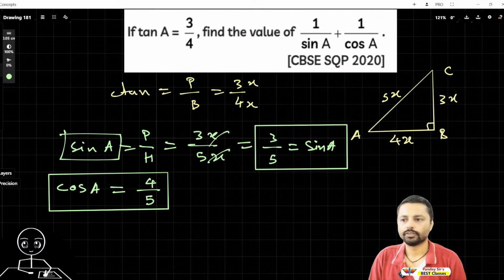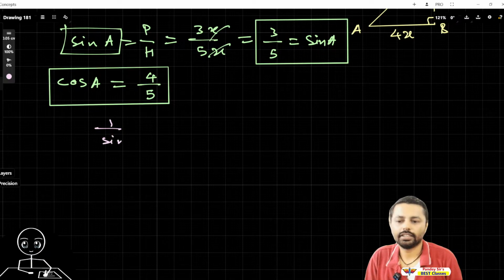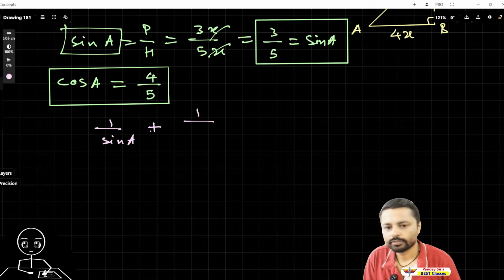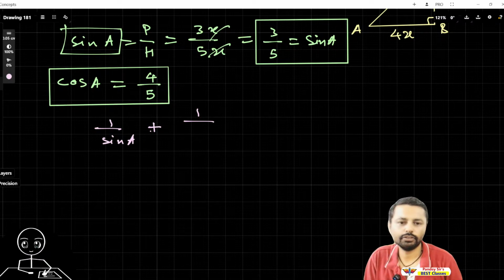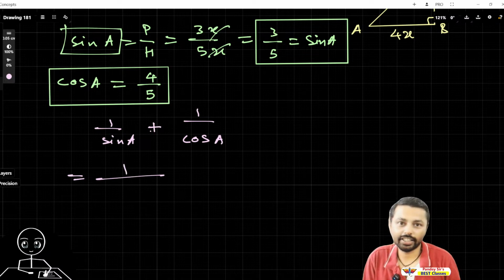Okay, so now 1 by sin A plus 1 by cos A. Let's put its value: 1 by sin A, which is 3 by 5, plus 1 by cos A, which is 4 by 5.